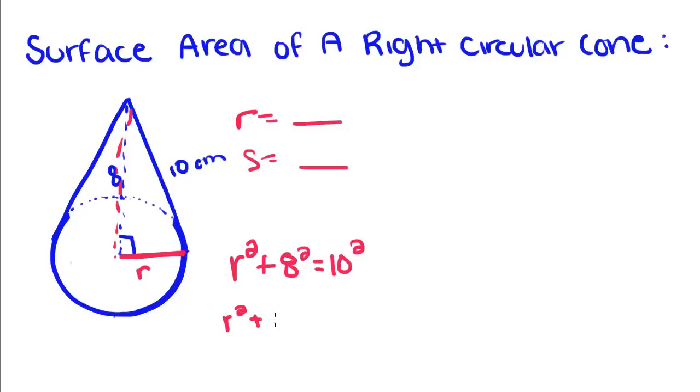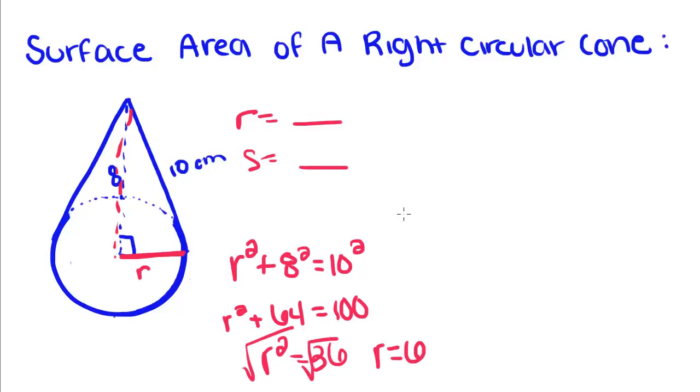So r squared plus 8 squared, which is 64, is equal to 10 squared, which is 100. If you subtract the 64 over, you get r squared is equal to 36. If you take the square root, you get r is equal to 6. Remember, when we take the square root, we always get a positive or a negative square root. But since we're talking about the length of something, we can't have a negative length, so we only take the positive value. So our r is 6, our s is 10, and now we can find our surface area.